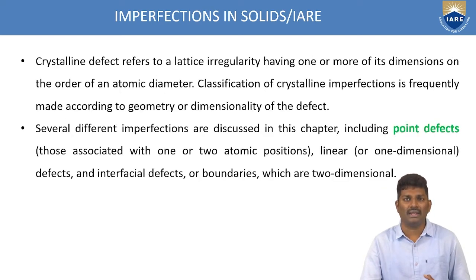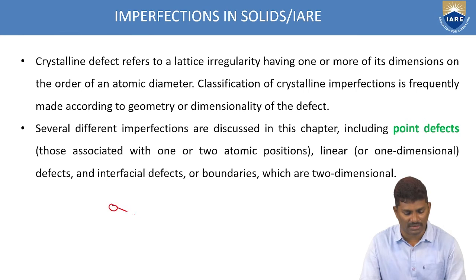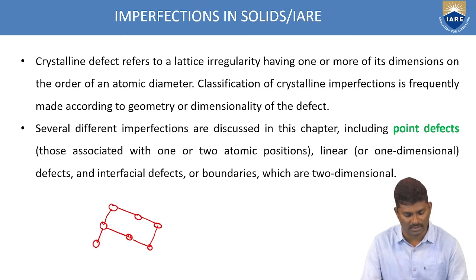So, crystalline defect refers to lattice irregularity having one or more of its dimensions on the order of an atomic diameter. How can you identify a crystalline defect? Because of the irregularity in the lattice structure. Suppose you have a uniform lattice structure like this.